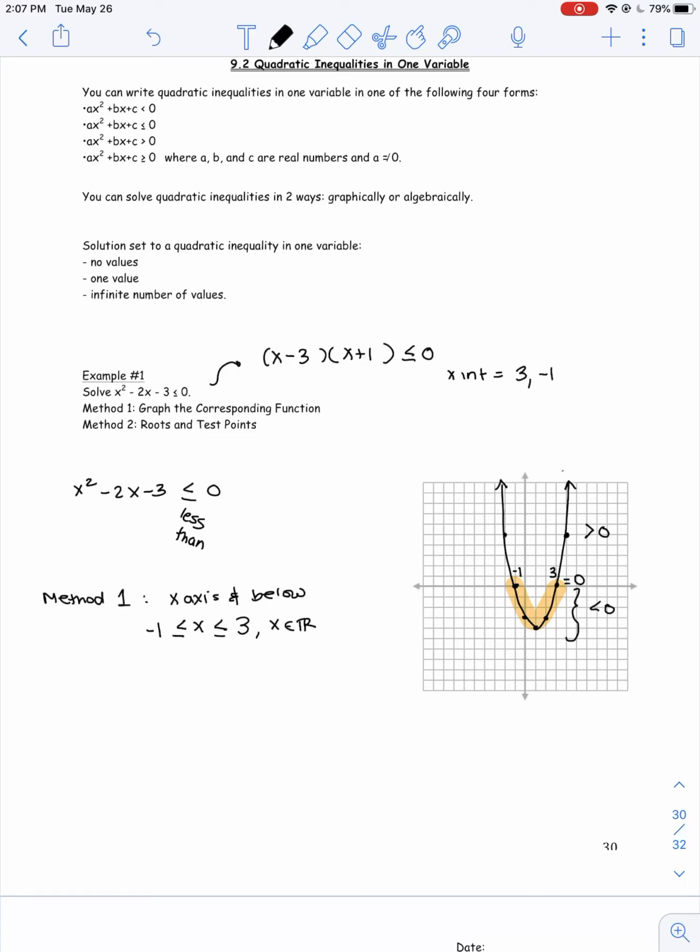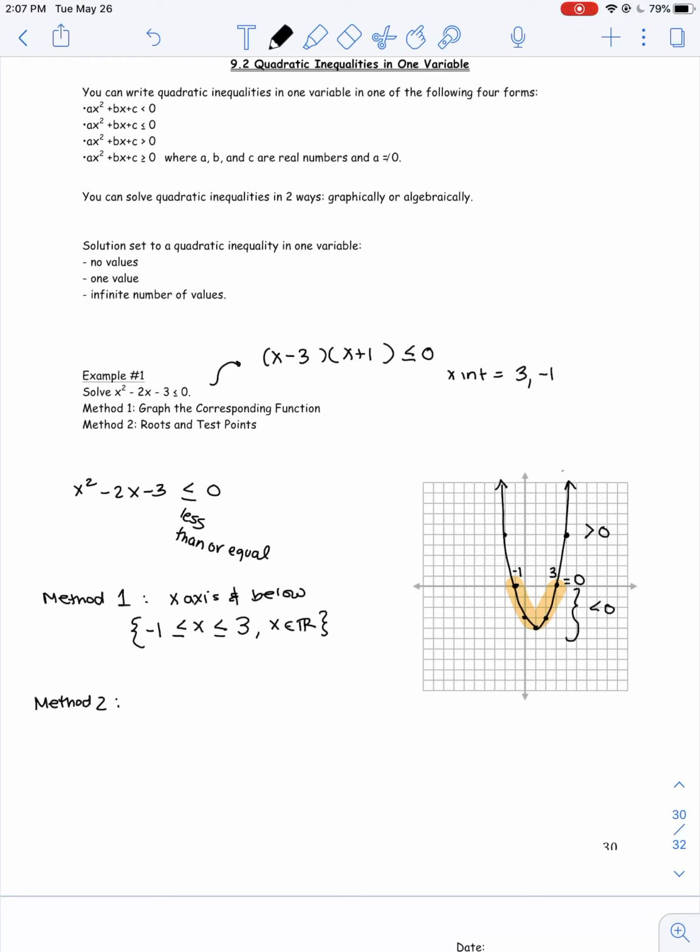And then we would say x is an element of the real numbers, because every value in between would be included in the answer. So this would be my solution. It's kind of like a domain to state where your graph exists. So that's method 1: just by looking at the graph, we're saying when is it 0 and below, meaning when is it less than or equal to 0. It's not hard, we're just using the graph.